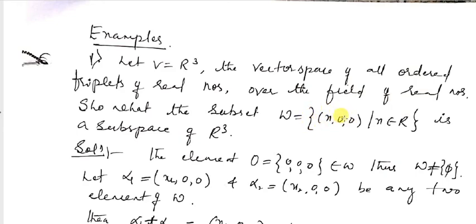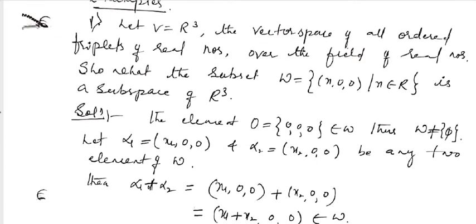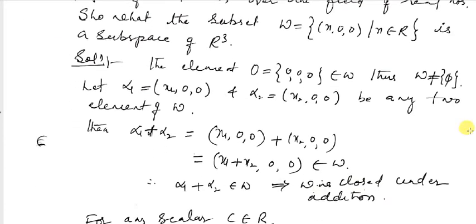And what I am doing here, I am showing W is a subspace. So for that I am considering two elements or vectors of W in the form alpha 1 and alpha 2. Then let us have the vector addition. Alpha 1 plus alpha 2 gives (x1, 0, 0) plus (x2, 0, 0).